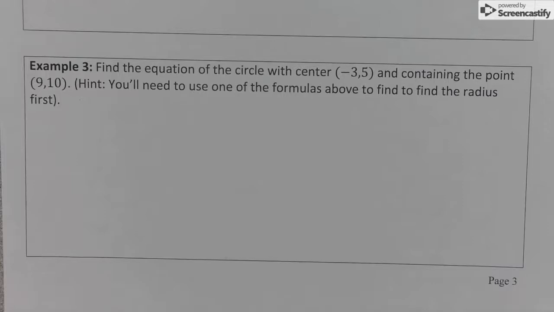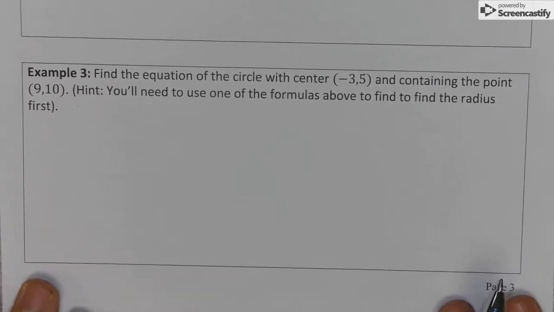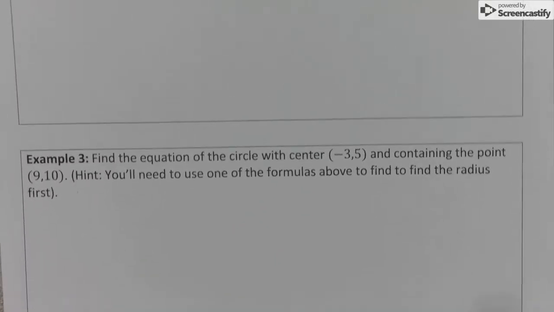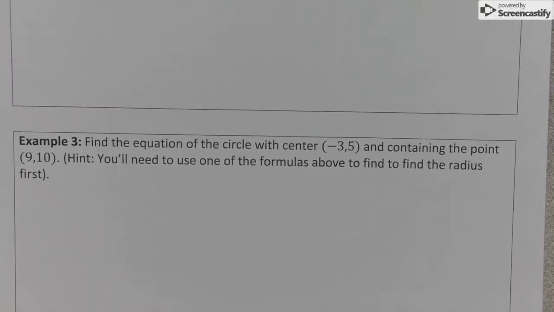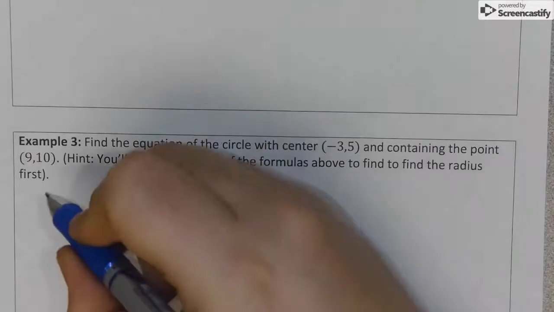In example 3 here, they want you to find the equation of a circle with center -3, 5 and containing the point 9, 10. So what we're going to want to use is one of the equations for a circle. The one thing that we don't know in this example is the radius.